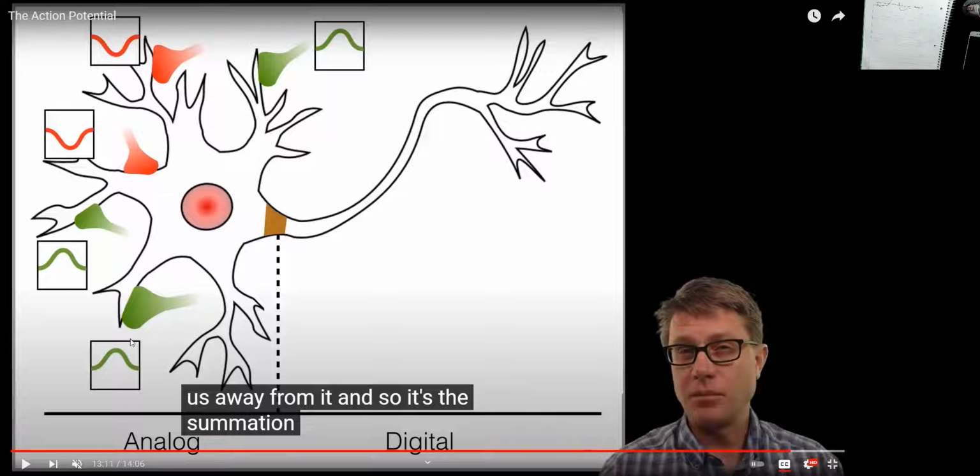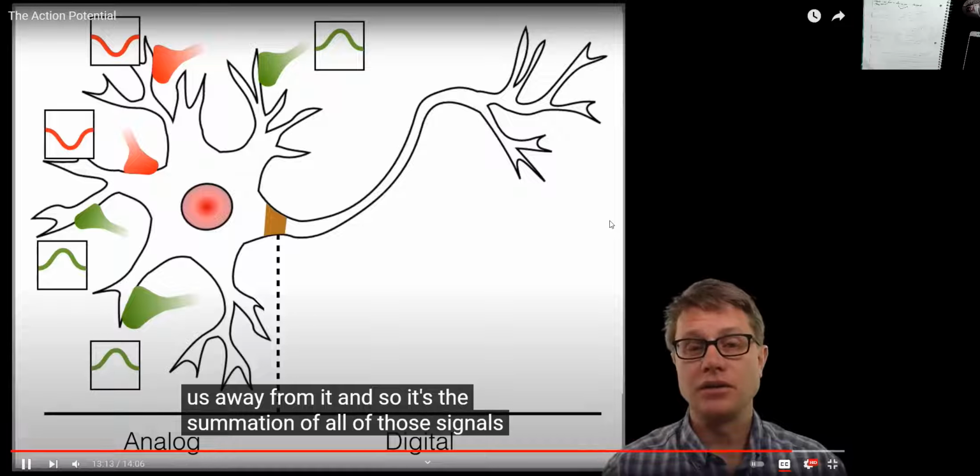And this one has enough potential. This one has enough potential. And it's almost like they're voting on the process of whether to move forward with the action potential. I'll let him describe it as well.